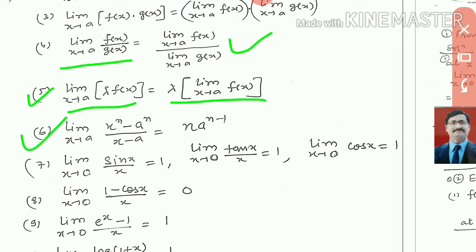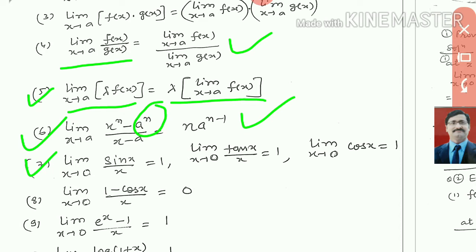Some formulae were also done in 11th class: limit x tends to a of (x power n minus a power n) upon (x minus a) is n a power n minus 1. All understand this?